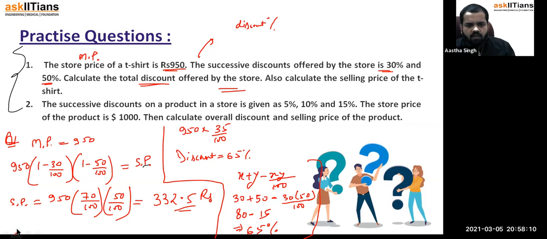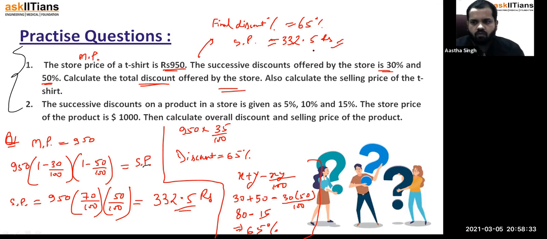Total discount was asked, so you can easily do MP minus SP and you will get your total discount. We are calculating the final discount percentage, which will be what? 65%. And your selling price is what? Selling price will be 332.5 rupees. Right? This is the desired result.